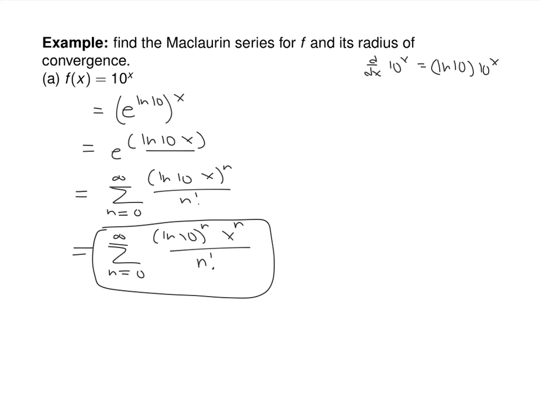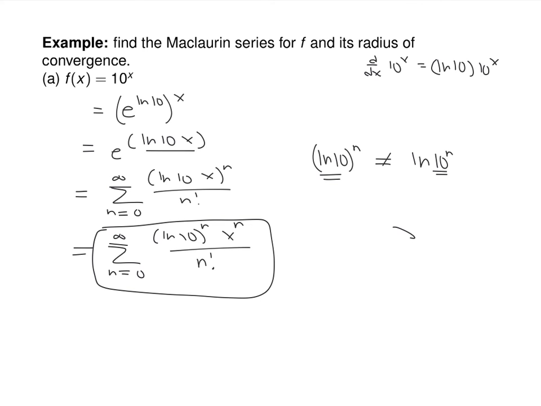And just also notice that ln of 10, the quantity to the n, is not the same thing as ln of 10 to the n. So this one means you have natural log of 10 multiplied by itself n times. This means 10 is multiplied by itself n times. Those things are not equal.